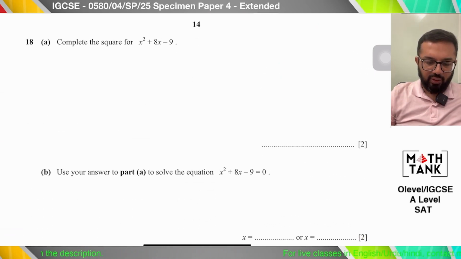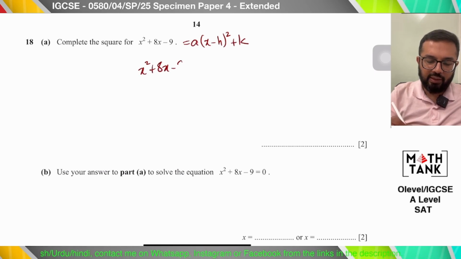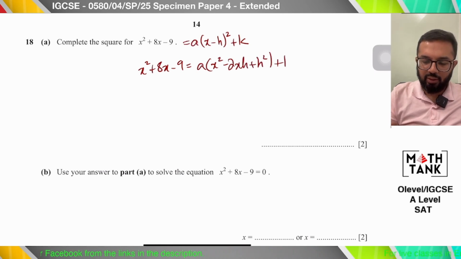Okay, question 18. Complete the square. When I say complete the square, I mean express it in the form a(x minus h) whole squared plus k. So x squared plus 8x minus 9 is a x squared minus 2axh plus ah squared plus k.